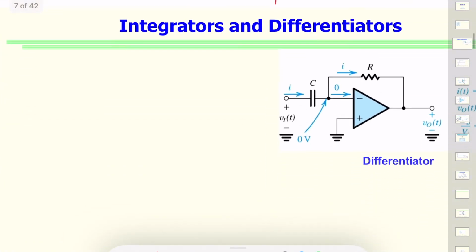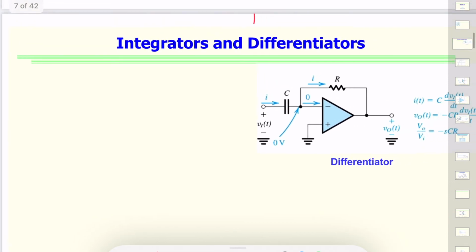Now, another thing that we do with RC is here we have switched the capacitor with resistance. Input is still Vi with respect to t, and there is a virtual ground there. And that means that the Vi is across the capacitor, because on the other side is zero, virtual ground.